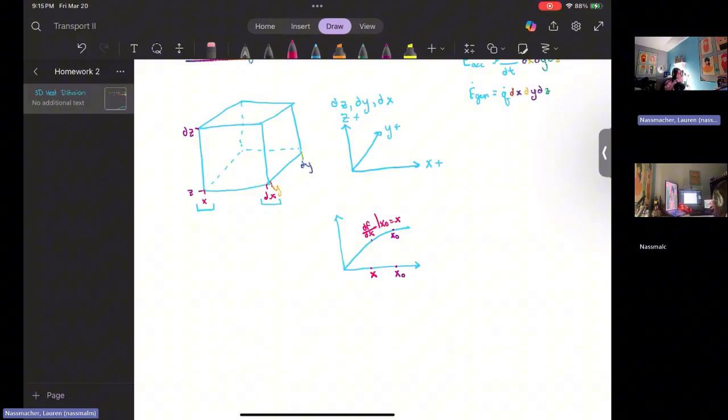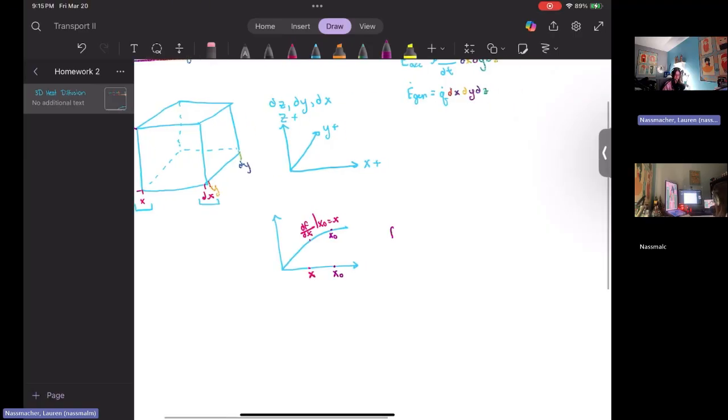So let's apply this back. Now if we write that out as an equation, we get that our function at dx is approximately equal to our function at x plus our change in the function over the change in distance at x naught, equal to x, multiplied by our x naught minus x.